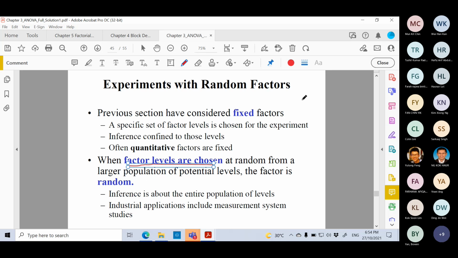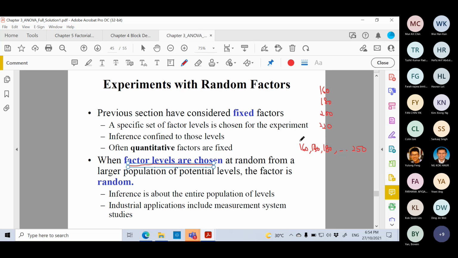So for example, just now you had an example of 160, 180, 200 and so on. The power level has 4 levels. But if we have many levels, we have 160, 170, 180, and so on until 250.